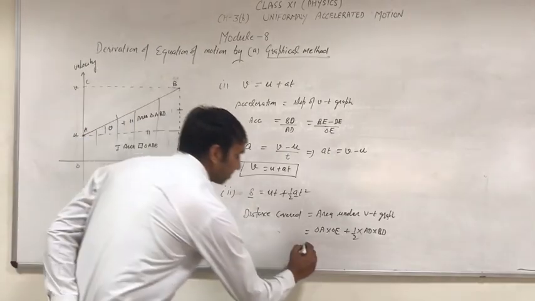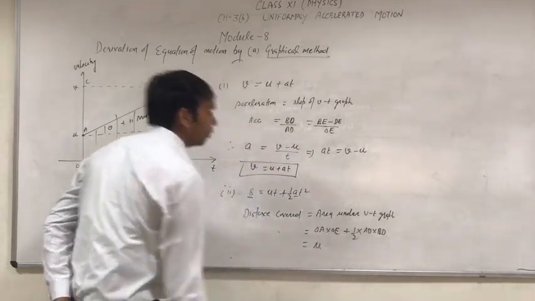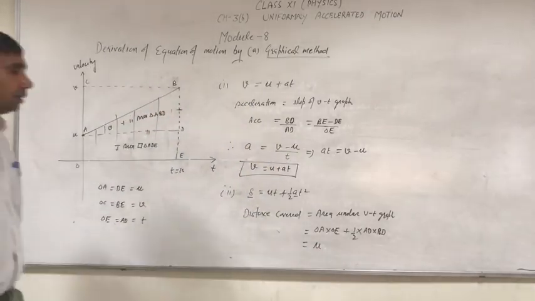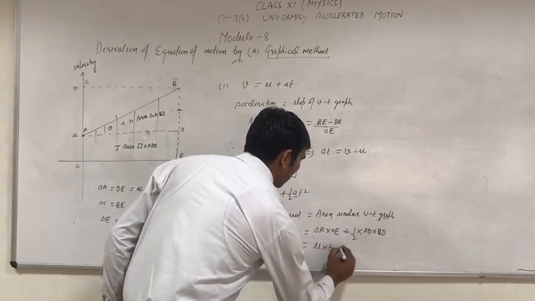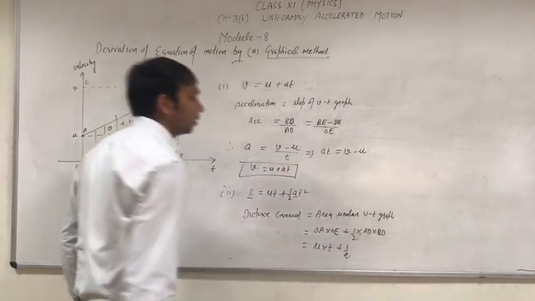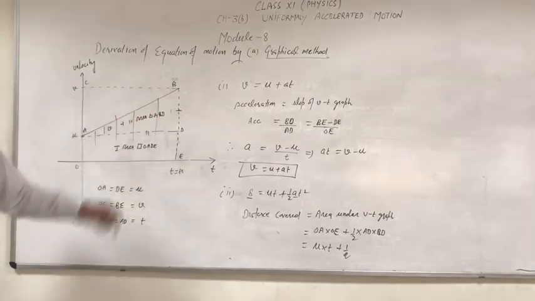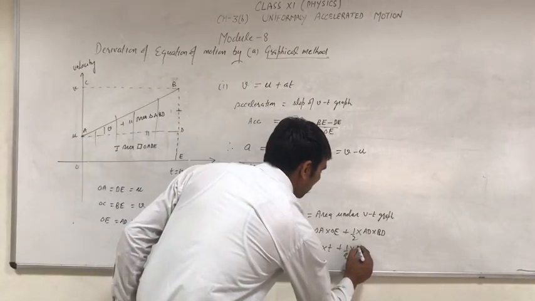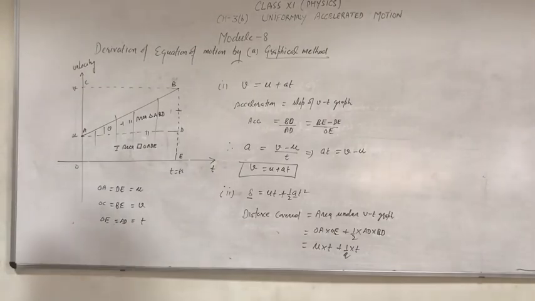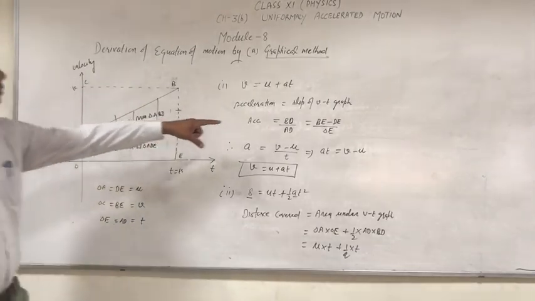OA is u, OE is t, plus 1 by 2 AD, also t, multiplied by BD.